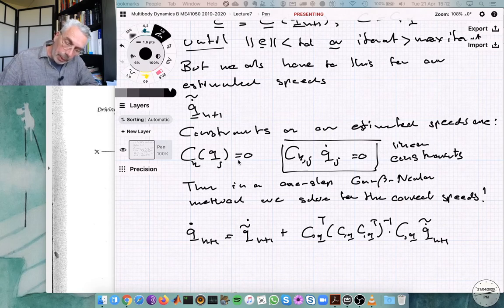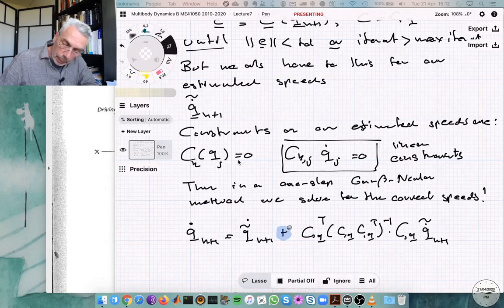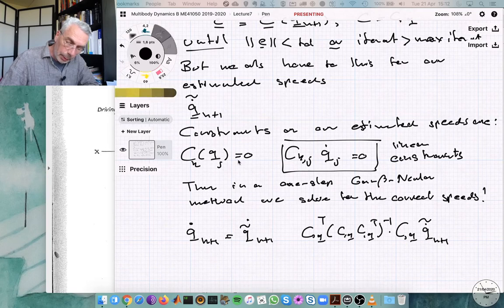And maybe there should be a minus sign here. Yeah, there should be a minus sign here. Okay, but look it up in the book. But anyway, it's like a one-step thing.